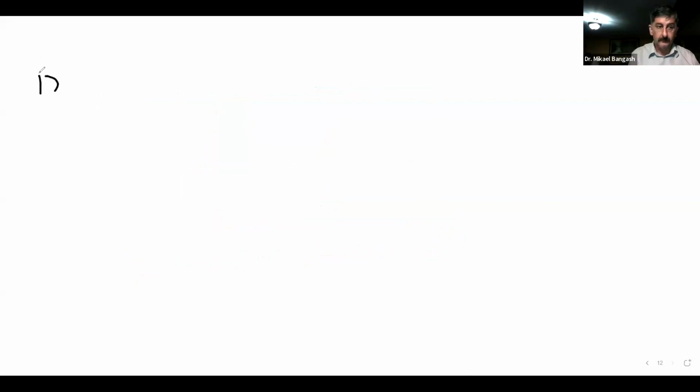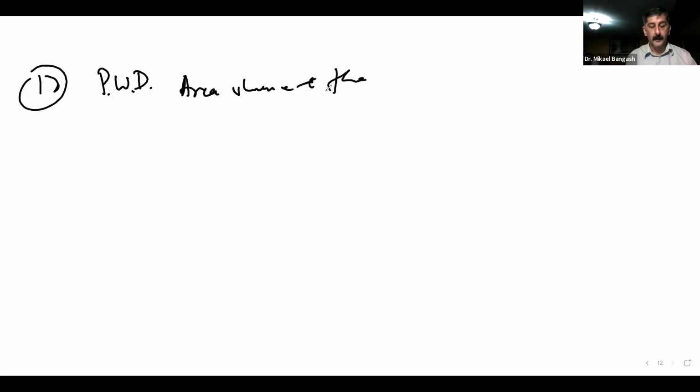Question number 12. The area of interrogation in a pulse Doppler exam is called. It says, when we use pulse wave Doppler, what do we call the area where the Doppler shift is determined?